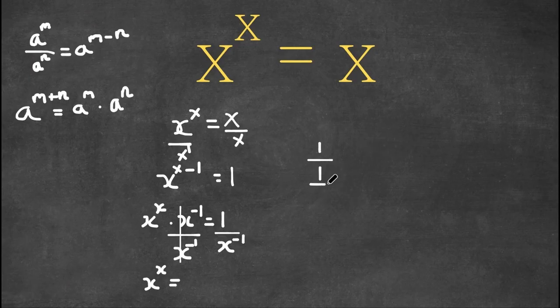So this would be 1 over 1 over x, which is simply equal to x. So 1 over x to the power of negative 1 is simply just x. So now we get x to the power of x is equal to x.